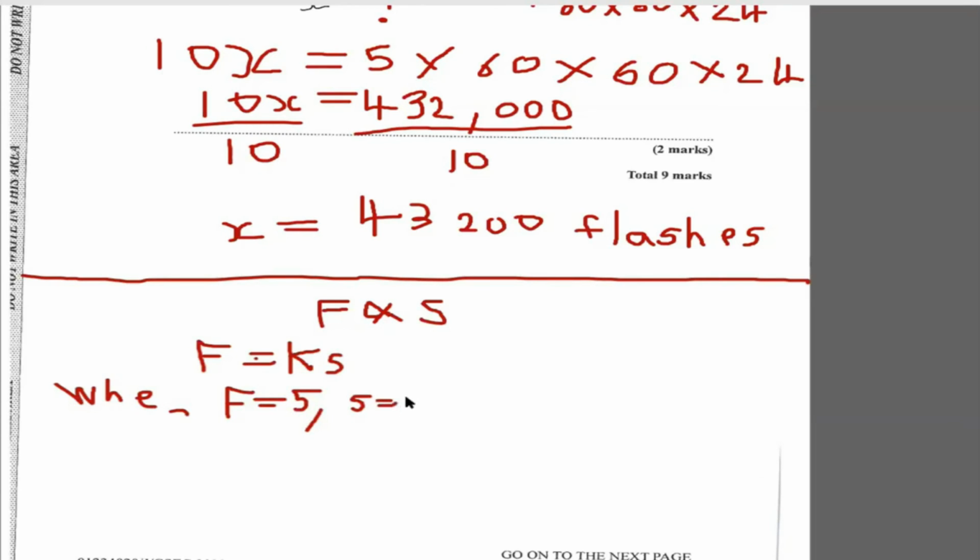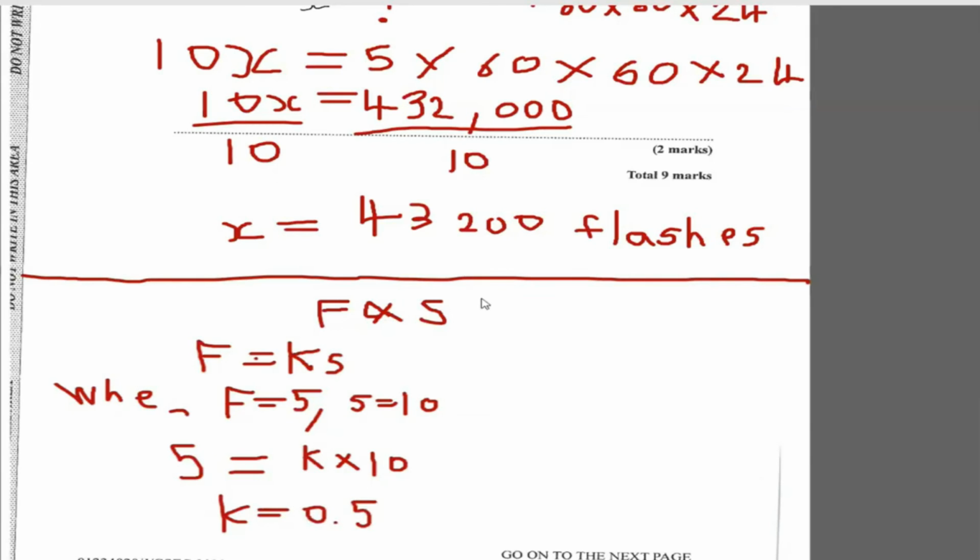So using that, we can solve for K. 5 is equal to K times 10. So clearly K must equal a half, 0.5.